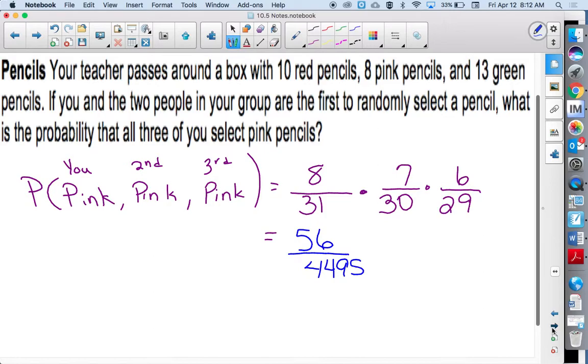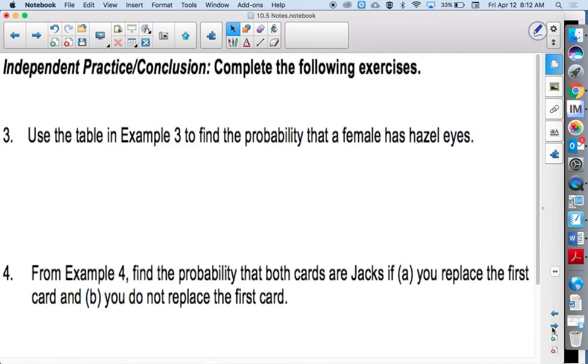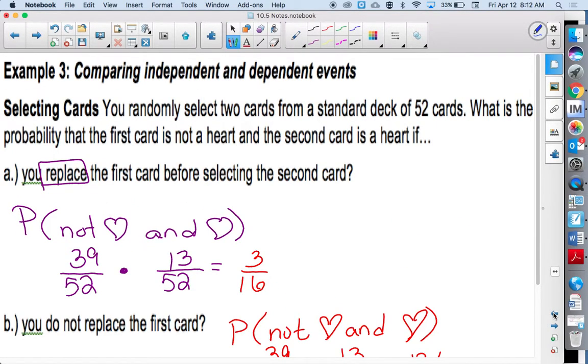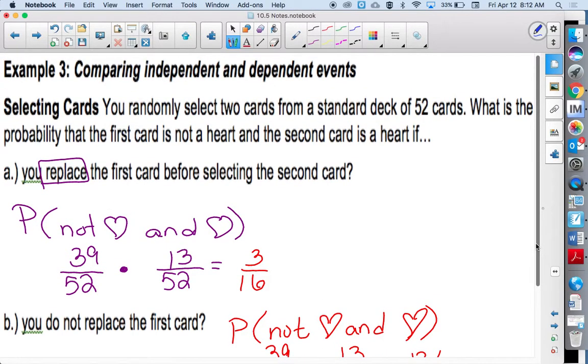So why don't we just look at, why don't you do that example? I think yours says 3, mine says 4. So from example 4, what's the probability that both cards are jacks if you replace the first card and do not replace the second? So example 4, just reminding you, randomly select cards from a standard deck of 52 cards.